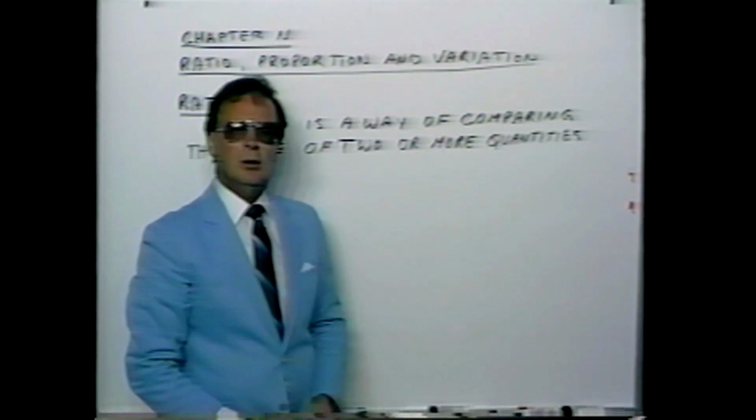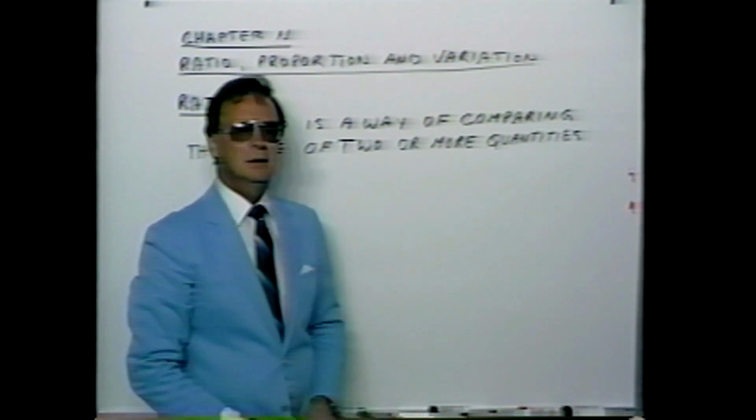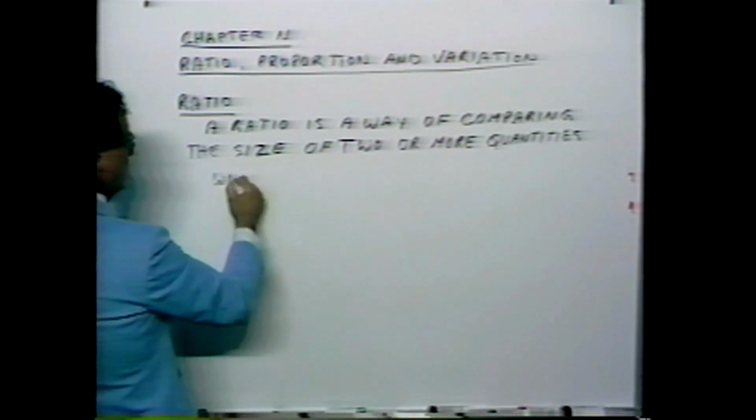When dealing with only two quantities, A and B, the ratio which compares them is A is to B, or A over B as a fraction.